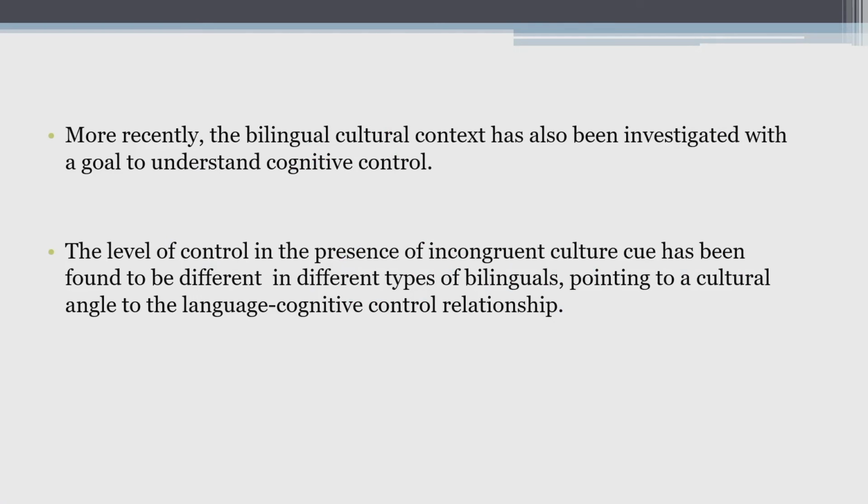So, the level of control in the presence of an incongruent culture cue has been found to be different in different kinds of bilinguals. There are some famous examples from Chinese English bilinguals in a language production study, where incongruent phrases created a delay in the response in the L2, in the English language. This particularly points to the cultural angle to the language cognitive control relationship.